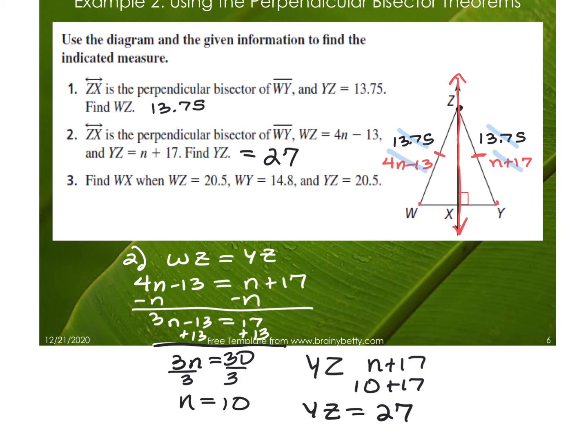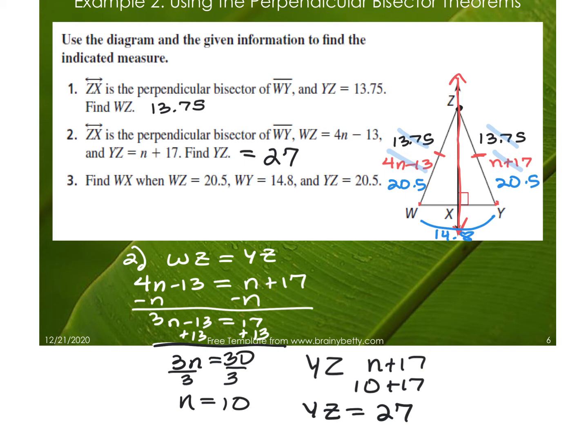They told me that WZ is equal to 20.5, and that WY, this bottom piece down here, is 14.8. They also told me that YZ equals 20.5.